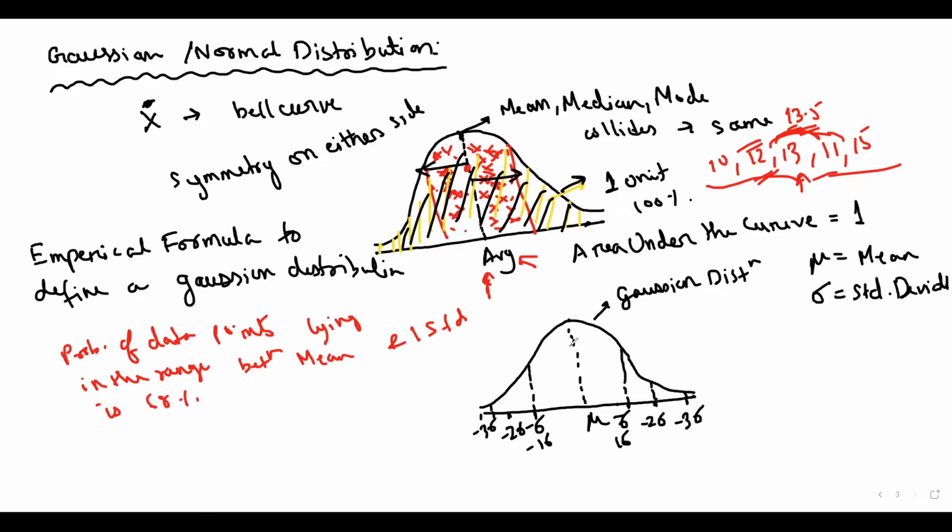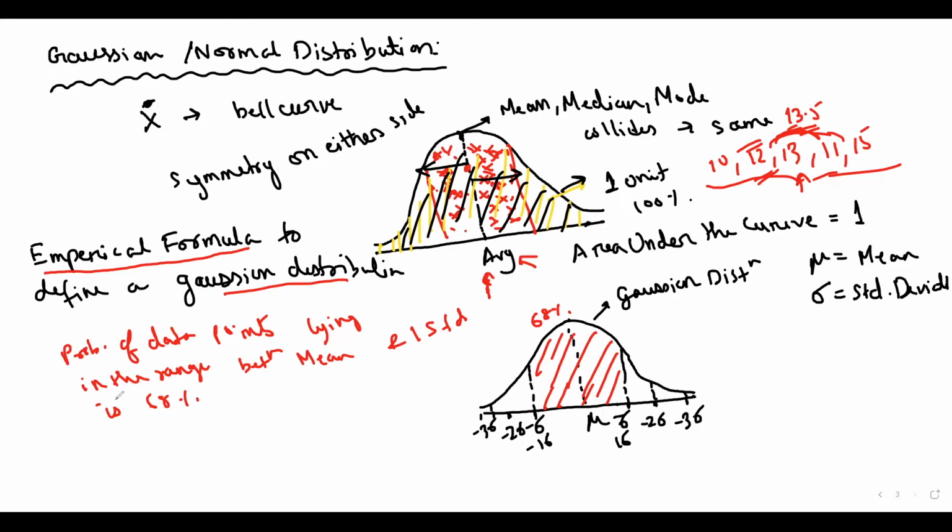This also I discussed. So 68% of the data points will fall under this area. Okay, so our empirical formula for Gaussian distribution defines that 68% of our data points will fall under one standard deviation and mean.